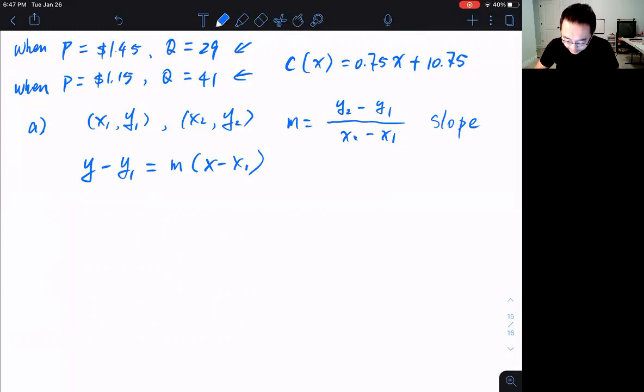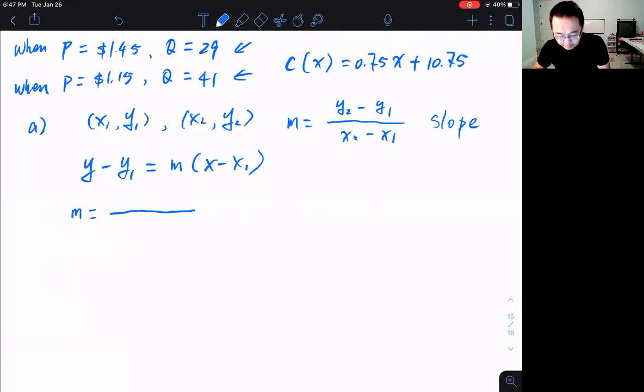Let's apply that to this particular scenario. The slope in this case equals 41 minus 29. Wait, let me think. Nope, sorry. Take that back, because y refers to the vertical axis here, and on your demand graph, vertical change is price change.